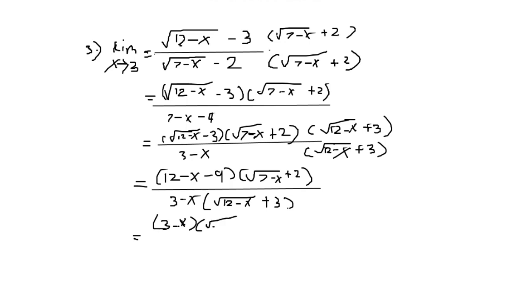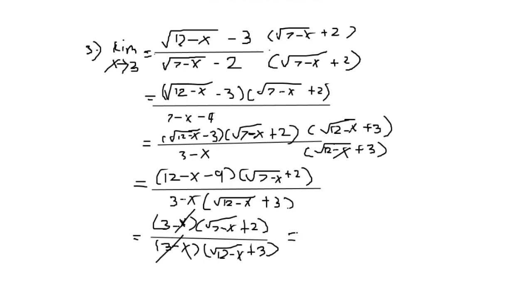So I'm too slow. Okay. There you go. Three minus x dito. And then 12 minus x plus 3.